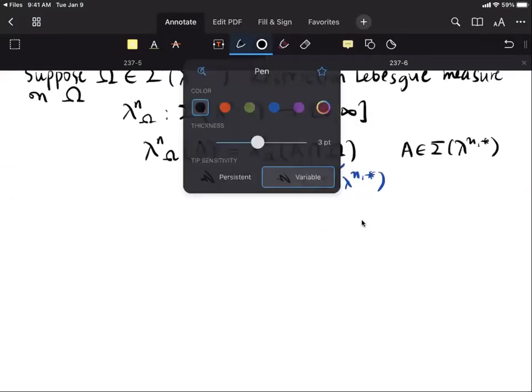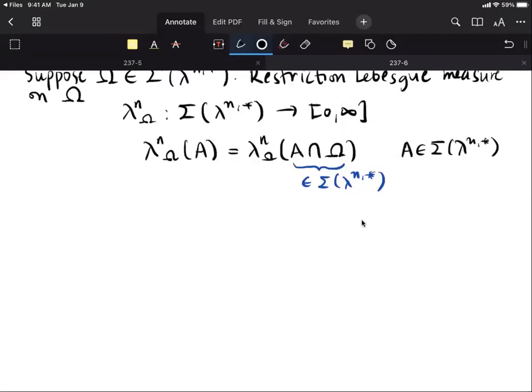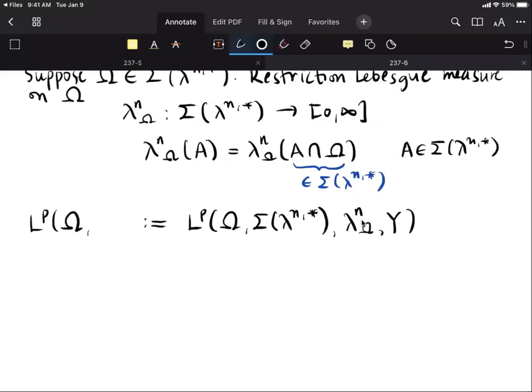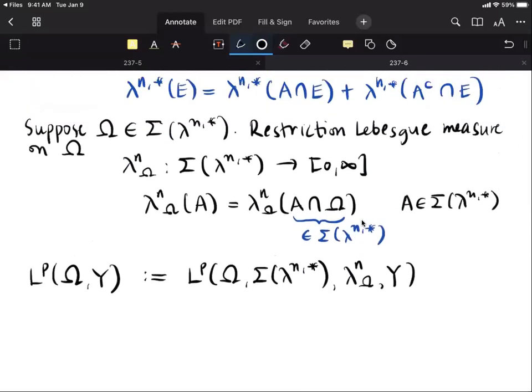Okay, so in this case, instead of having this notation for this Lebesgue space, with measurable sets, restriction measure, and values in Y, we simply denote this by L^p(omega; Y), having in mind that the measure is the restriction measure on omega, and the sigma algebra is the sigma algebra of Lebesgue measurable sets.